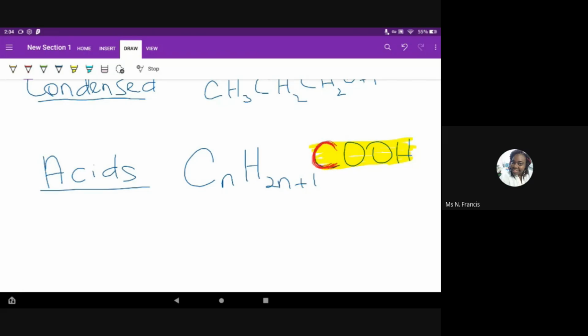Carbon comes along with the functional group. So you know what's going to happen now? This carbon is going to throw off everything. I am now going to have to consider, when I am writing my formula, remember this N here? I am going to have to always consider this carbon that I already have by default.